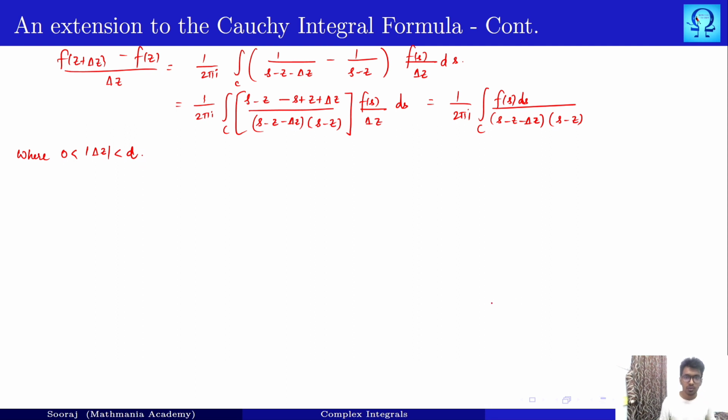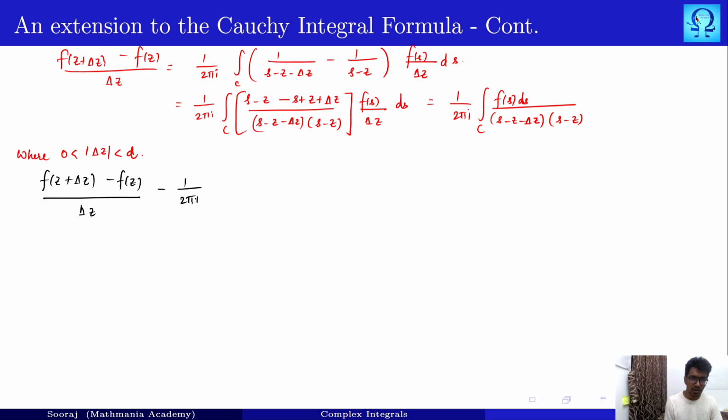Okay, now what we are going to do further is that we consider (f of z plus delta z minus f of z) upon delta z. I just subtract a particular quantity on both the sides: integral over C f of s ds upon (s minus z) whole squared.